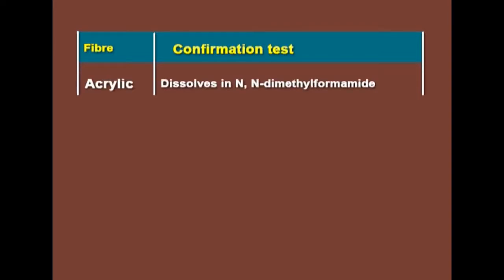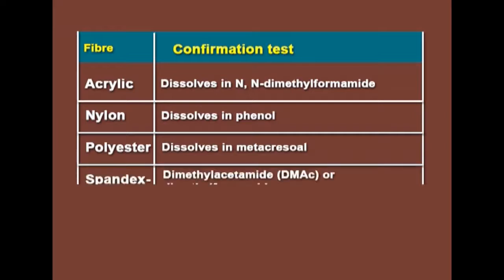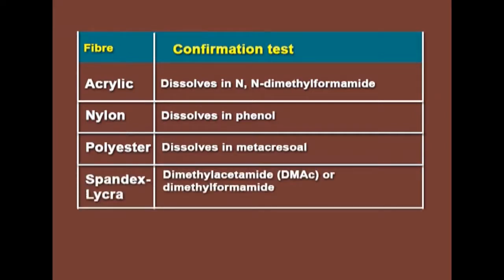And the acrylic fiber dissolves in N-dimethyl formamide solution. And nylon dissolves in phenol, whereas polyester dissolves in metacresol. And the spandex lycra fiber dissolves in dimethyl acetamide or dimethyl formamide solutions.